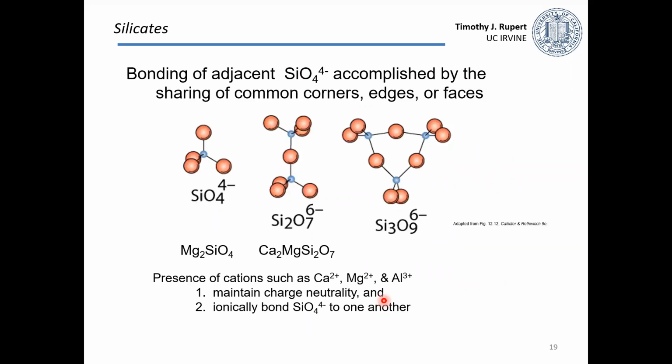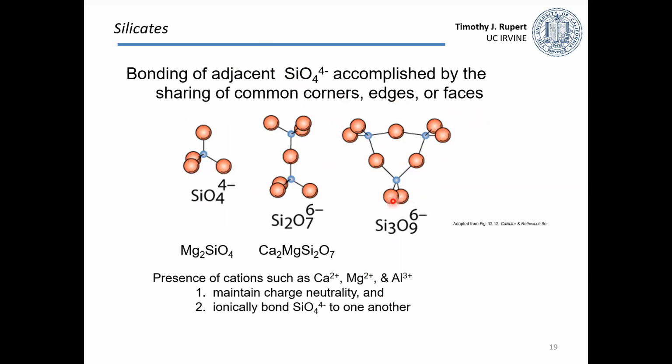We can call a whole range of materials built on this principle silicates. They're all built around this silicon plus 4 oxygen type of structure, and then you end up putting these together in fun and interesting ways. So this is just showing how you go from 1 to 2 to 3 chunks of this.